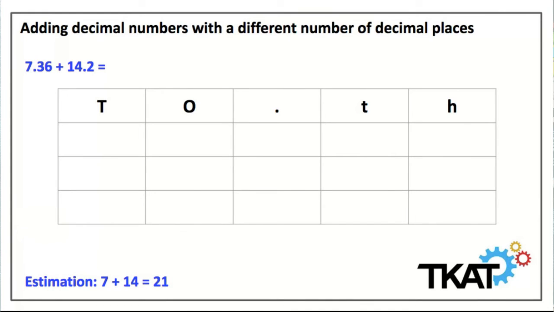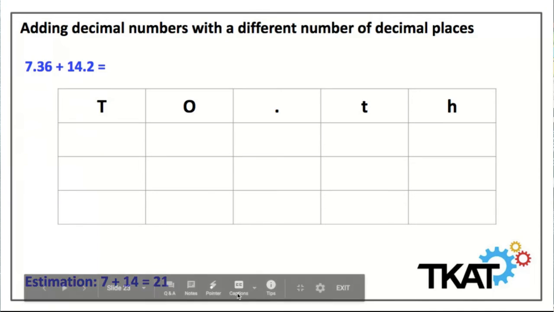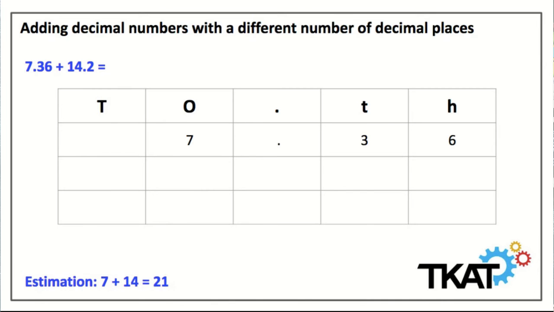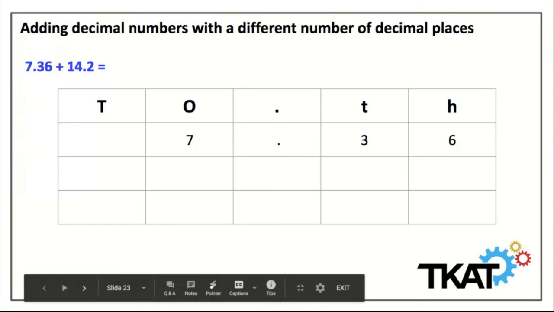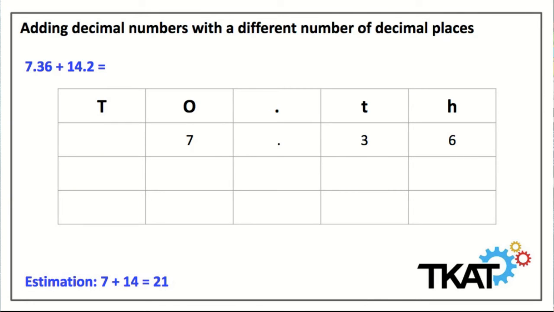For this equation, column addition would work well, as we can see in the ones column, there will be some regrouping to do. The first thing to do is write the two numbers in the correct columns, making sure that the decimals line up. This is really important. So we've got here 7.36, there are 7 ones, a decimal point, 3 tenths and 6 hundredths.